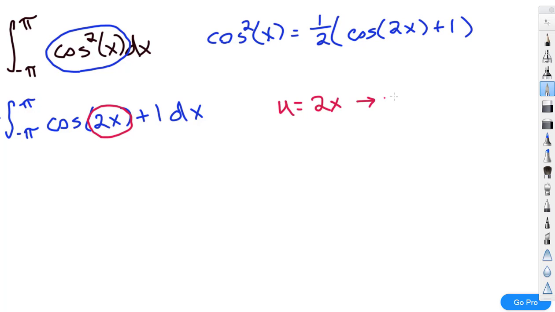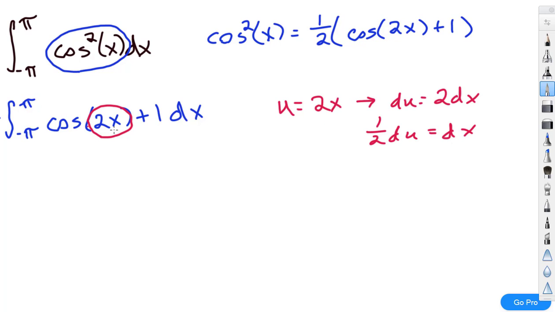And when I take the derivative of that, I'm going to have du equals 2dx. I don't have a 2dx over here, so I'm going to divide both sides by 2, which is the same as multiplying by a half. That's going to be 1/2 du equals dx.